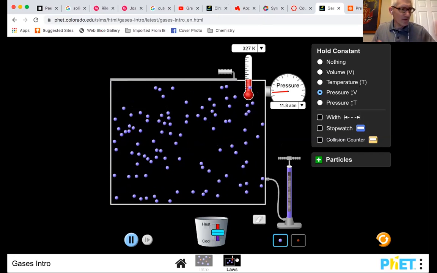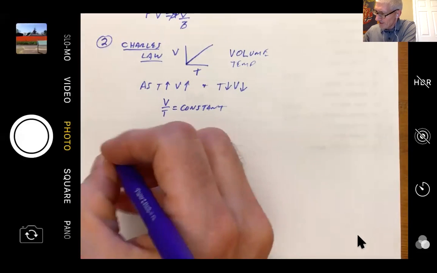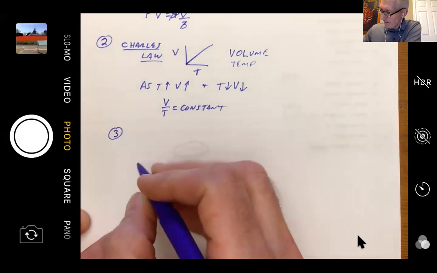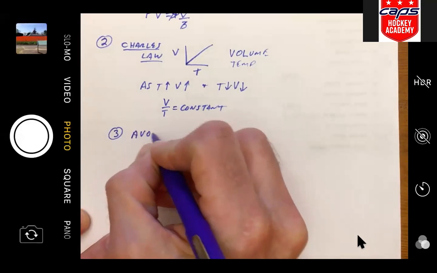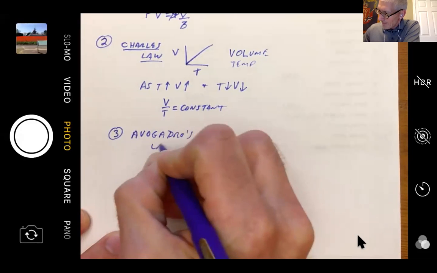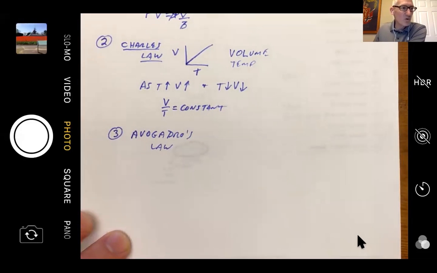Two others that we want to look at here is, and Dylan, if you don't mind, are you guys seeing me writing on the screen there? Yeah. Okay. So the next one is Avogadro's law. And this one is pretty straightforward.